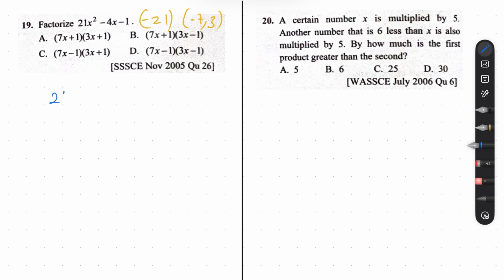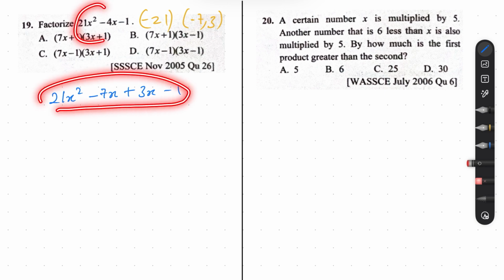We have 21x squared minus 7x plus 3x minus 1. This expression right here is the same as the original expression, because negative 7x plus 3x is the same as negative 4x.